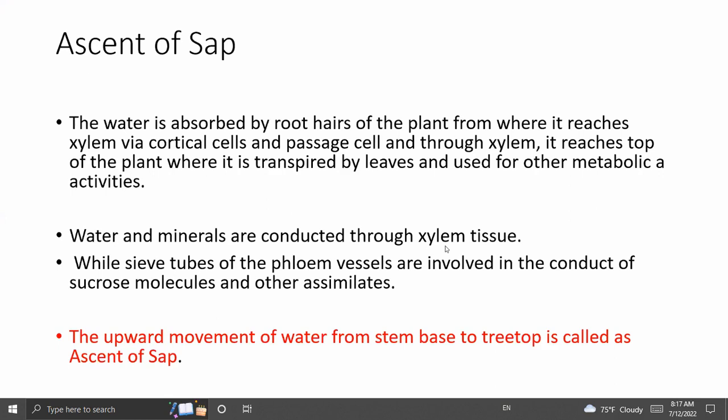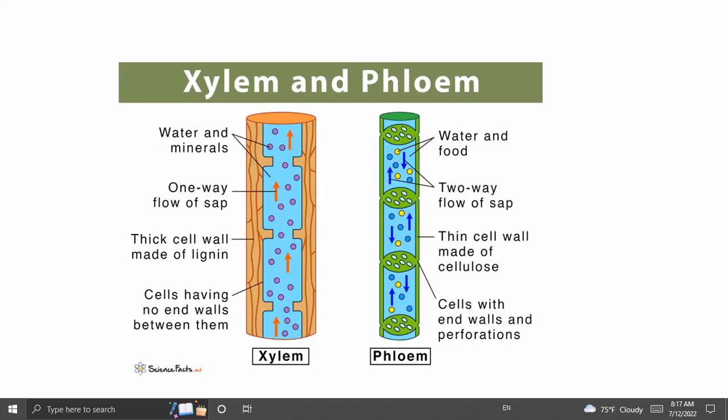So, what do you mean by ascent of sap? The upward movement of water from stem base to tree top is called ascent of sap. Along with the water, the minerals also dissolved and go. So the ascent of sap takes up the water and minerals. Now you are seeing xylem and phloem, two different pictures.